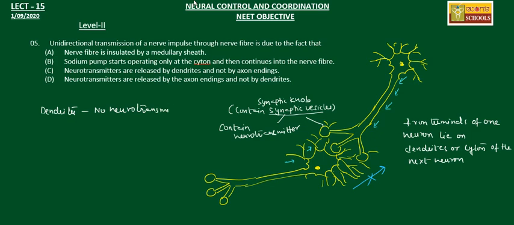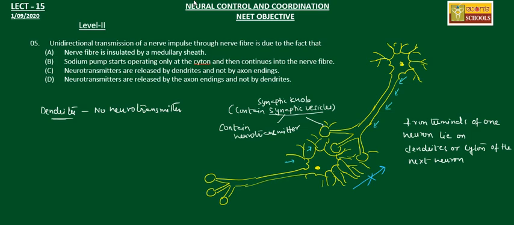Neurotransmitter. So the impulse from the dendrites or cyton to the next neuron, that is the axon terminals, is not possible because the dendrites will not have neurotransmitters.